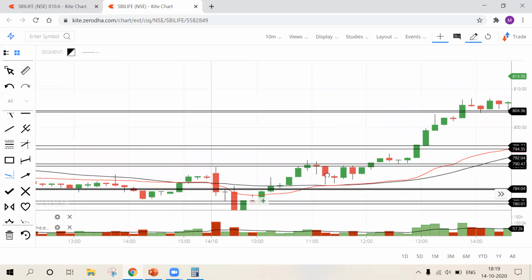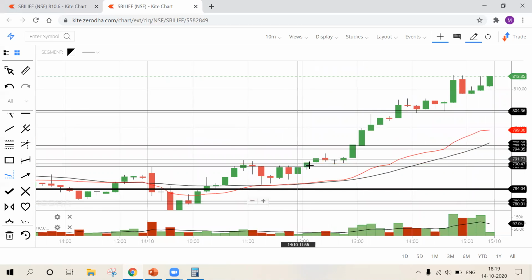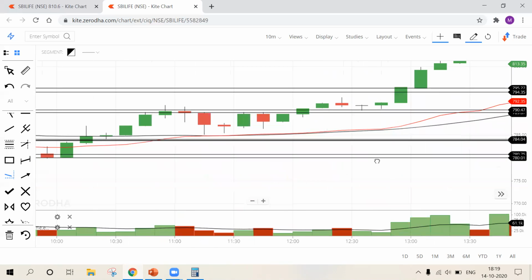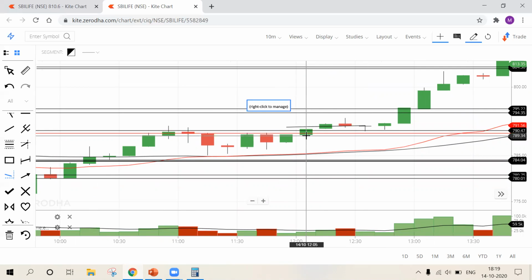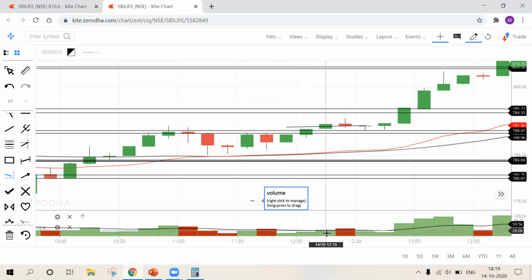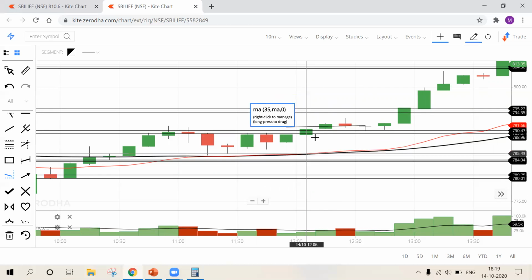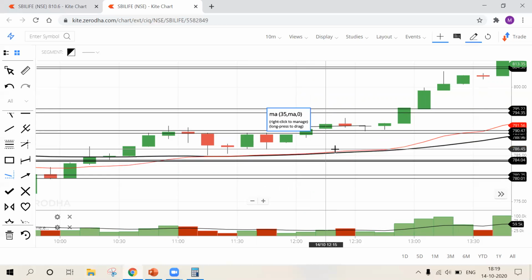Next higher high formation here. Look here. Higher high formation. So it's getting rejected by a key level, higher high formation, and volumes. Volumes are also good. See, it's touching the black line. And I'm getting confirmation from VWAP and 35 moving average as well. So 5 confirmations.